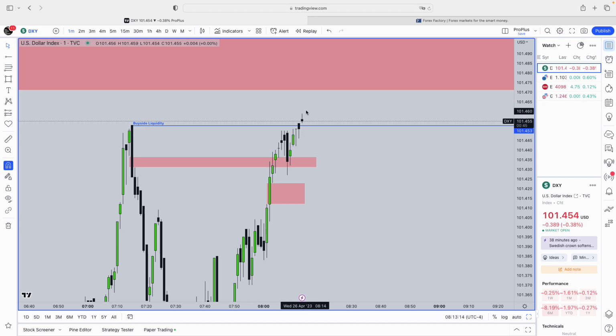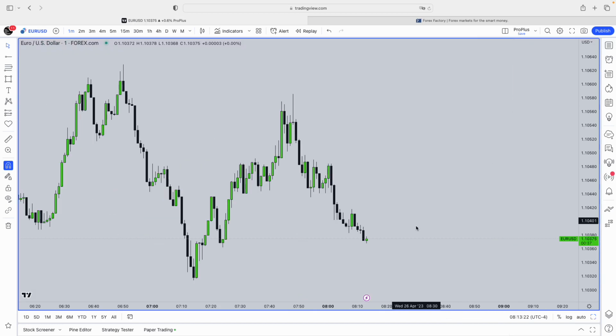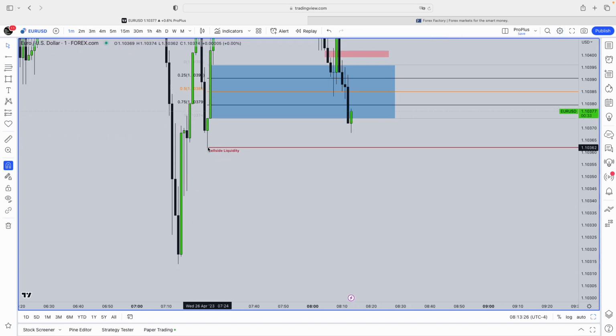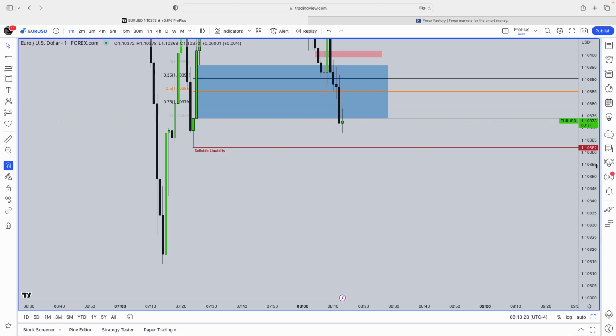Next 2 or 3 candles, I want to see just a big green candle grab into there, and then that should push EU lower to take out that sell side, which is here, which is the next target.